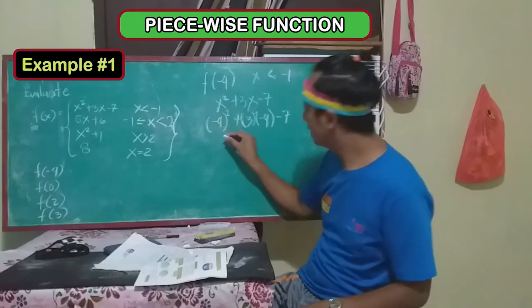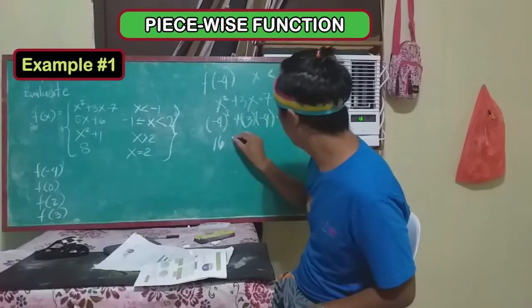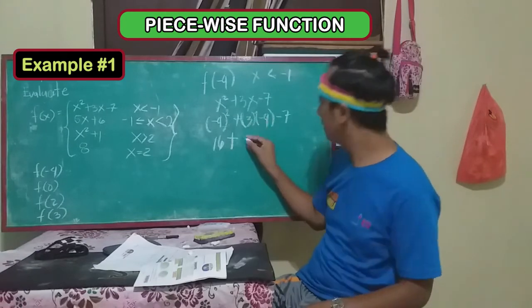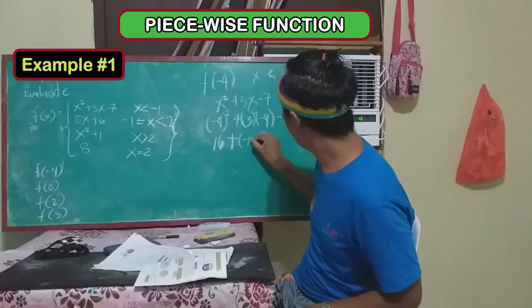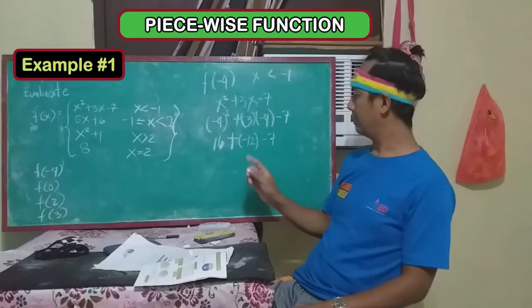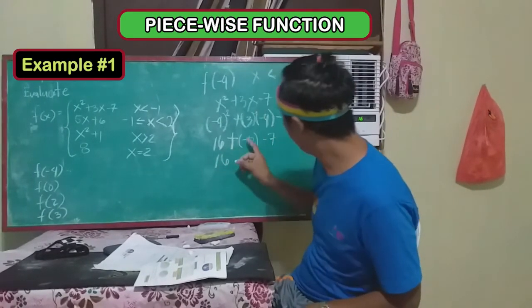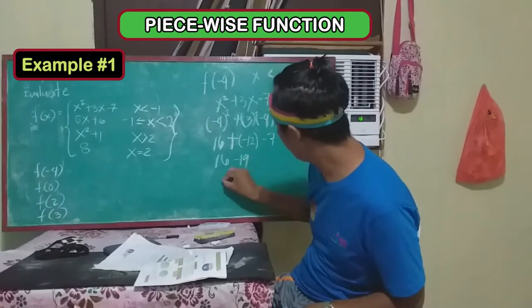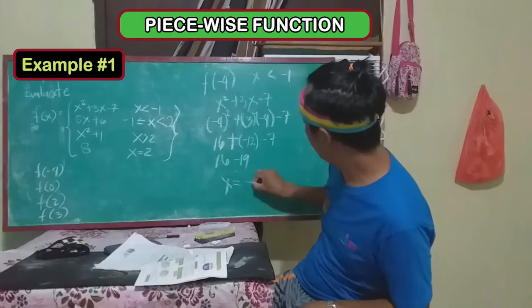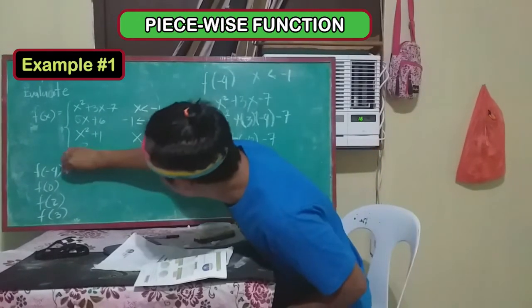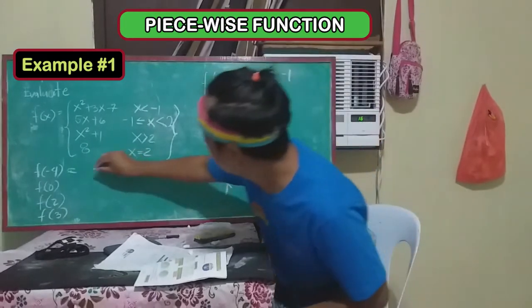Negative 4 squared, magiging positive 16. Plus 3 times negative 4, negative 12 minus 7. So, 16 minus 12 minus 7, negative 3. So, sagot natin dito sa function, f of negative 4 is negative 3.